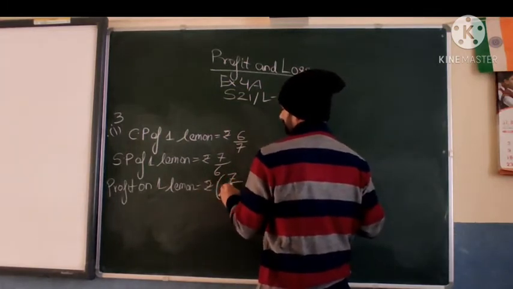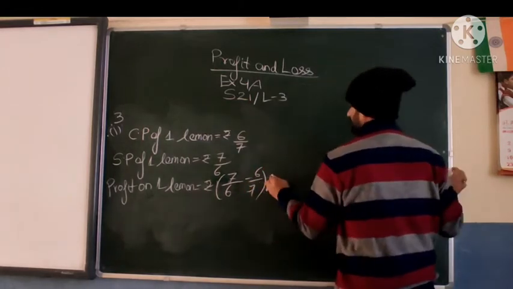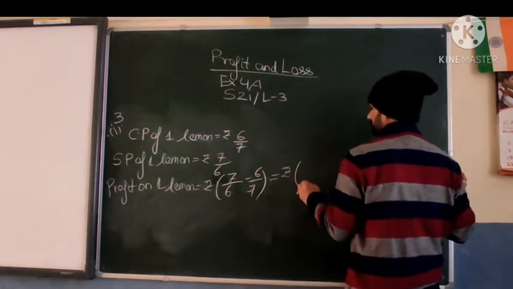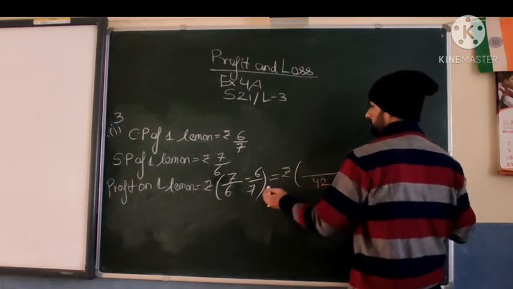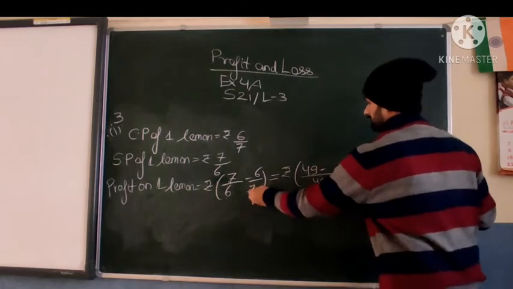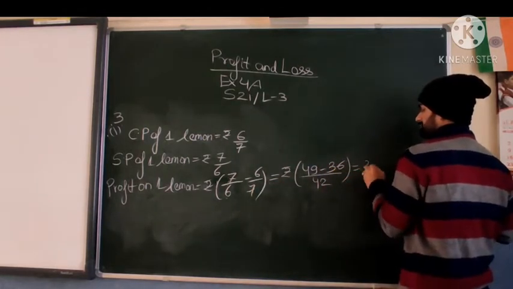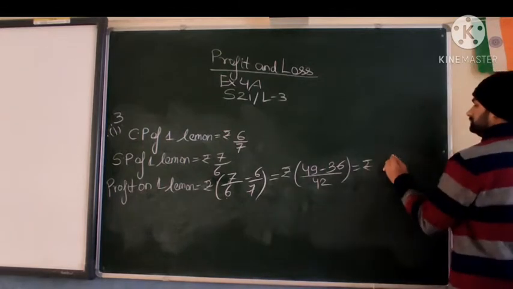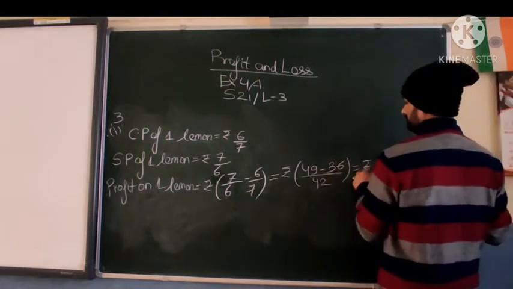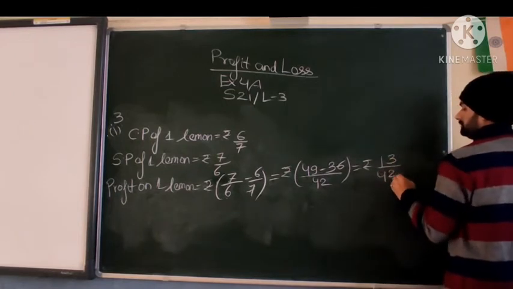Rupees 7 by 6 minus 6 by 7 is equal to, 7 sixes are 42, 7 sevens are 49, minus 6 sixes are 36, which is equal to rupees 13 by 42.